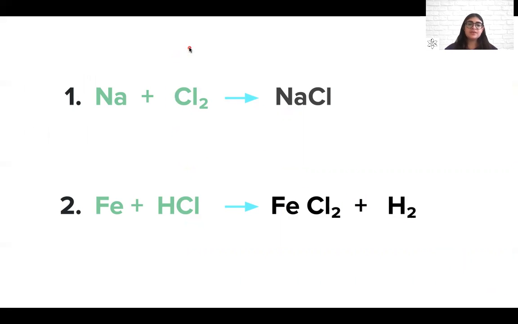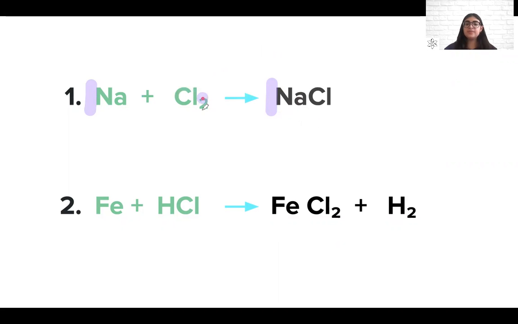All right, so the first thing that I want to do is see how many atoms there are on each side, of each type of atom, just to begin with. So remember, if the number is in front here, it applies to the whole thing. For example, if I were to have a number in front here, it would apply to the sodium, which is Na, and to the chloride, which is Cl.